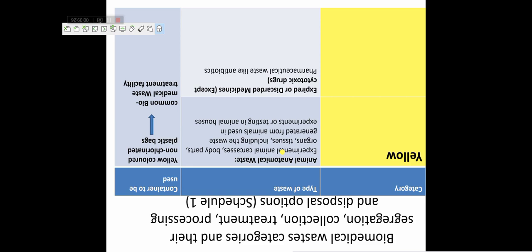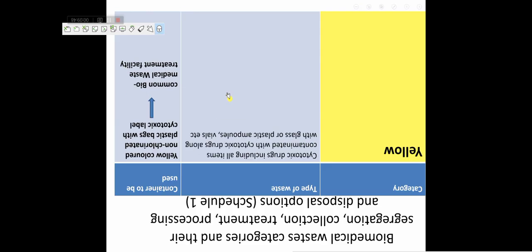Or anything which is expired or discarded medicines, except cytotoxic drugs. The cytotoxic drugs will not come here, and pharmaceutical wastes like antibiotics and all can also be kept in the yellow bag, right? And the container to be used is non-chlorinated plastic bags. This is for the yellow one.